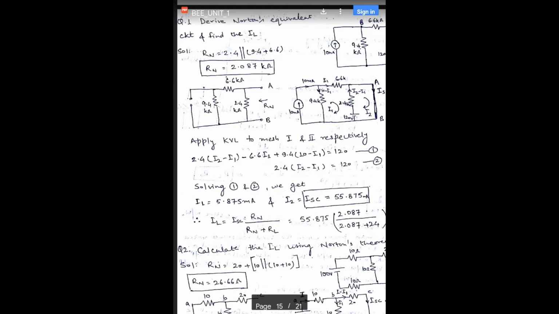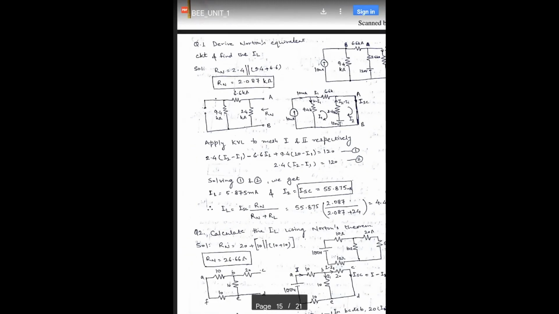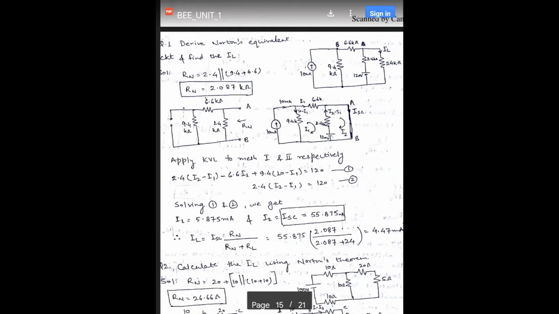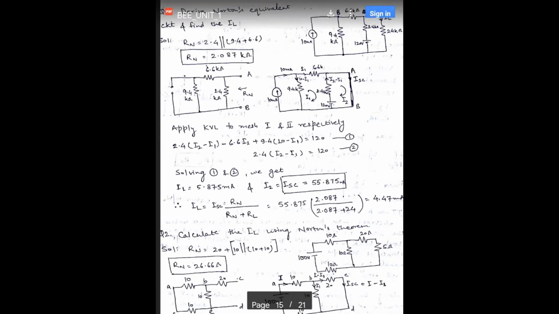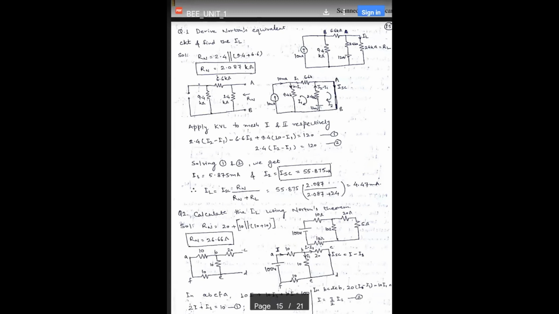So first thing first, we will calculate the Norton resistance, as I have just mentioned. Again, the purpose of the numericals of Norton's theorem remains the same: we are required to calculate the load current.